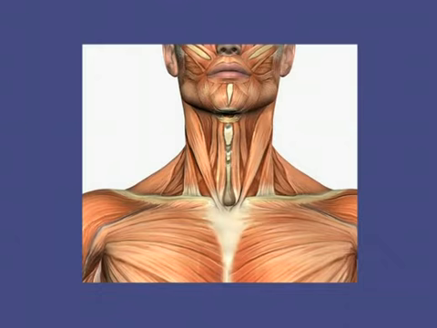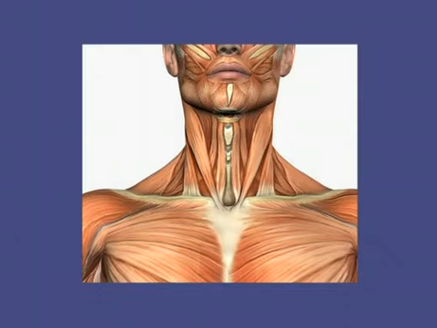These are seen deep to the levator scapula, and when they work bilaterally, they produce extension of the cervical region, and when working unilaterally, they cause ipsilateral rotation.